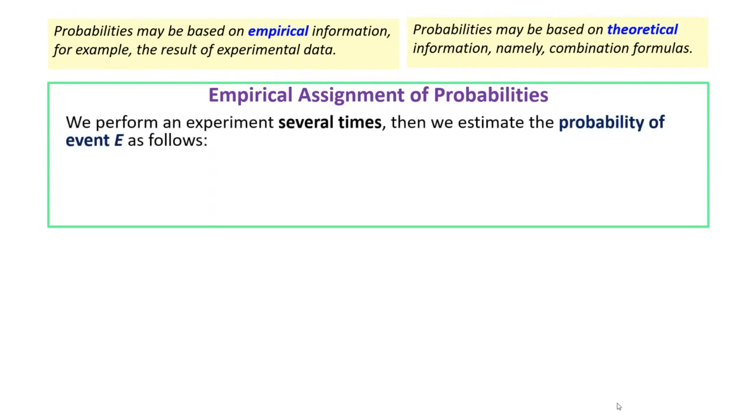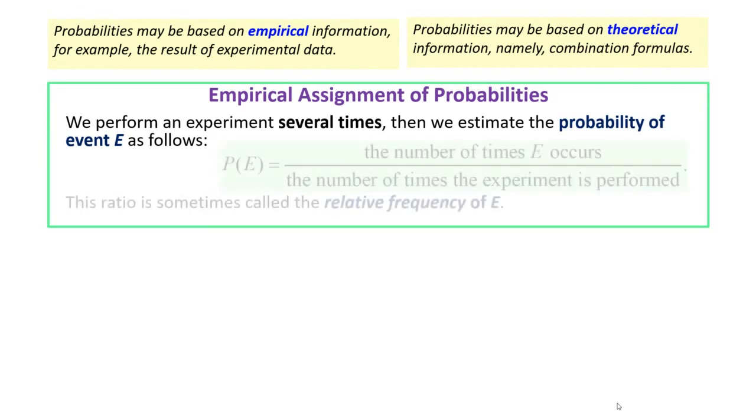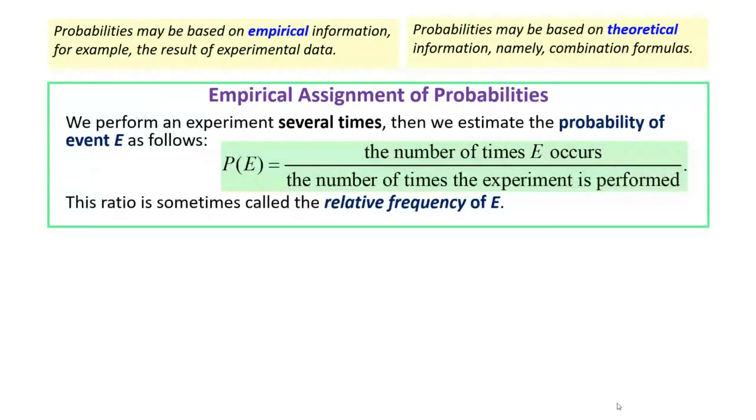So we perform an experiment several times, then we estimate the probability of the event E as a fraction: the number of times E occurs divided by the number of times the experiment is performed. Like we flip a coin and we want to know the probability of getting a head. For example, we flip a coin 4 times, 3 of them we got a tail, 1 time we got a head.